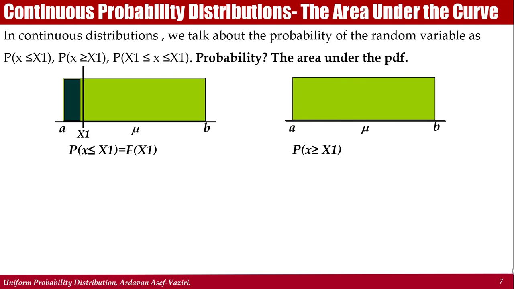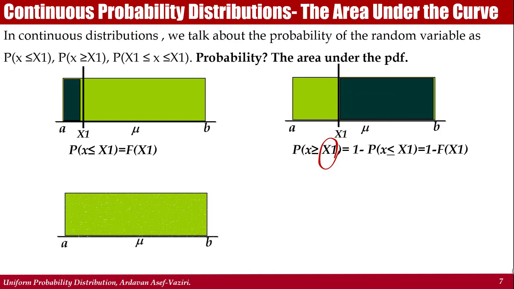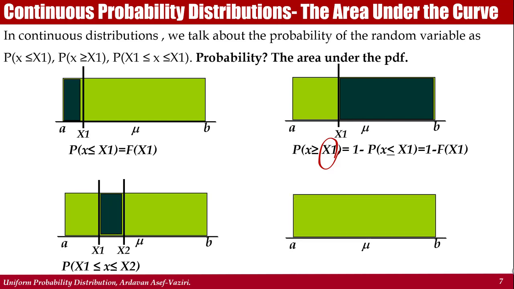The probability of x being greater than or equal to a specific value is the area to the right of that value, or 1 minus the area to the left of that value. The probability of a random variable being between two values is computed as the area between those two values, or as the area to the left of the larger one minus the area to the left of the smaller one.